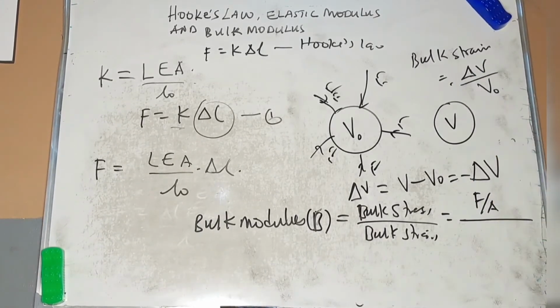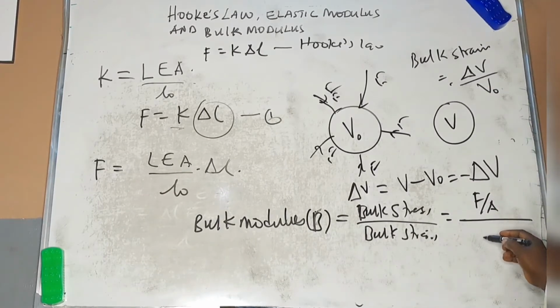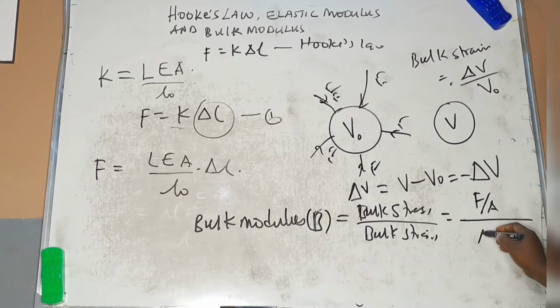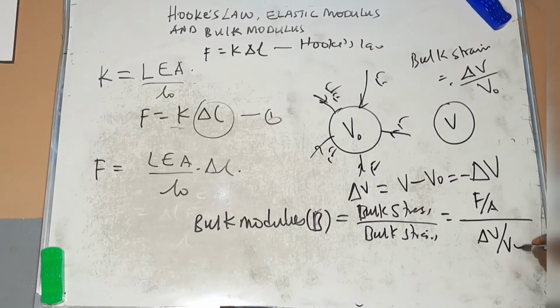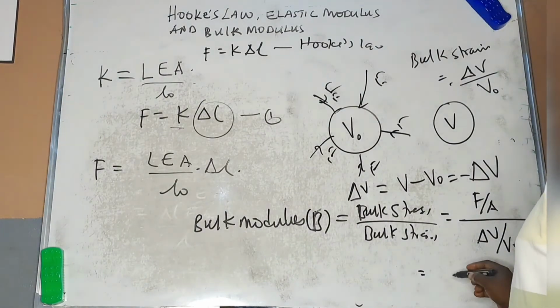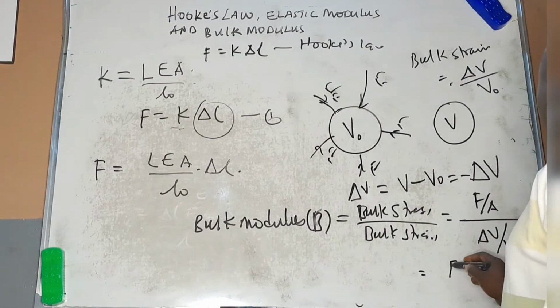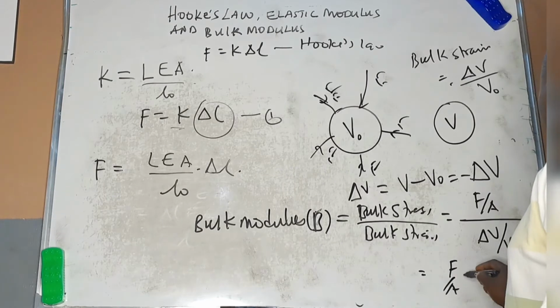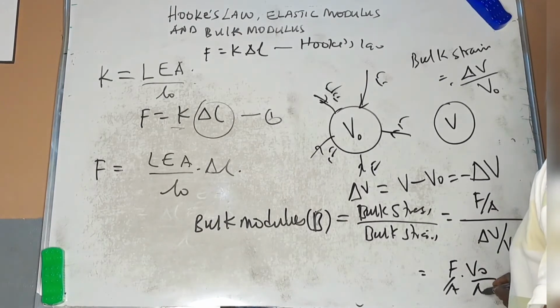And so it is minus, because final volume is less than initial volume. Change in V all over V naught. That gives us F over A multiplied by V naught over change in volume.